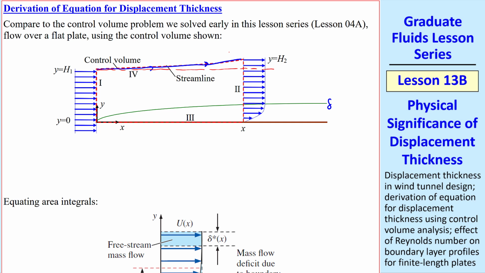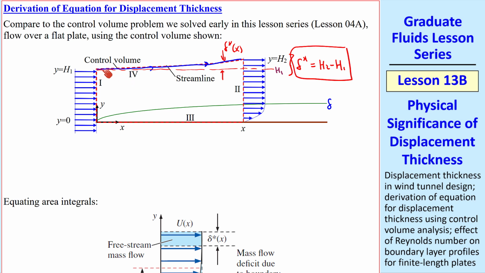If you recall, one of our definitions of delta star is how far streamlines outside the boundary layer displace upward. In this case, if a streamline starts at h1, which horizontally would be here, and the streamline displaces to h2, this location, by definition, delta star at this x location is just the difference between h2 and h1.